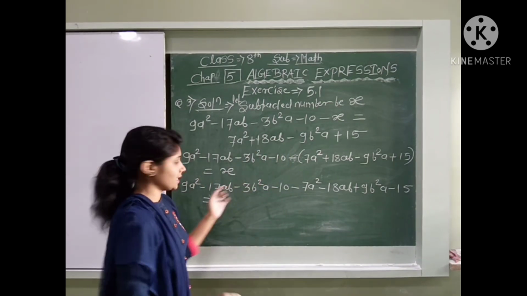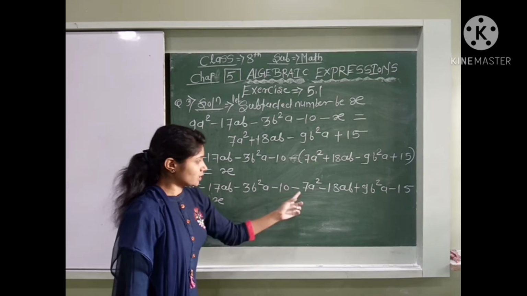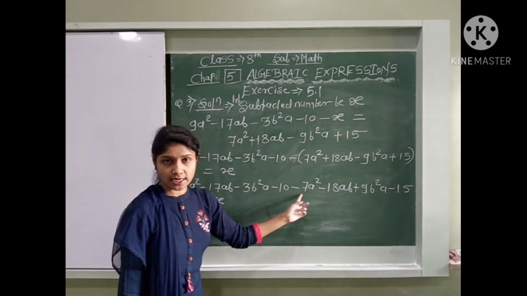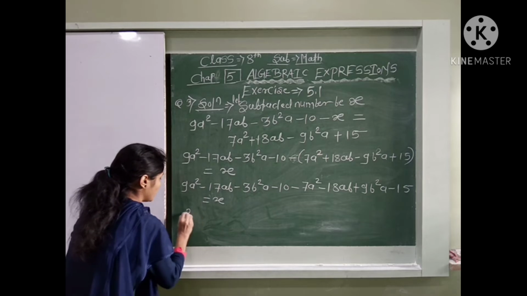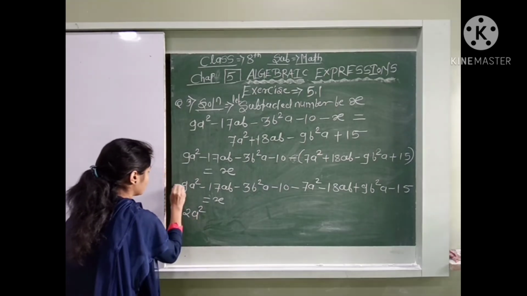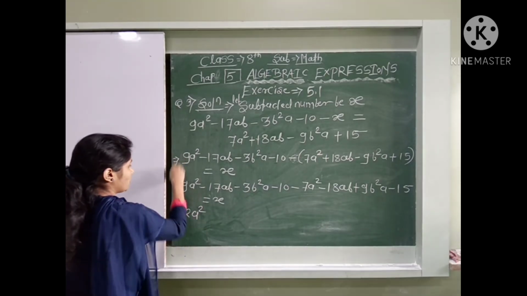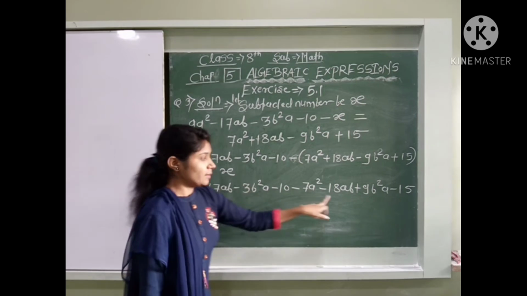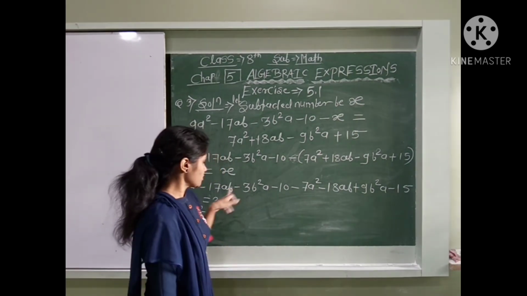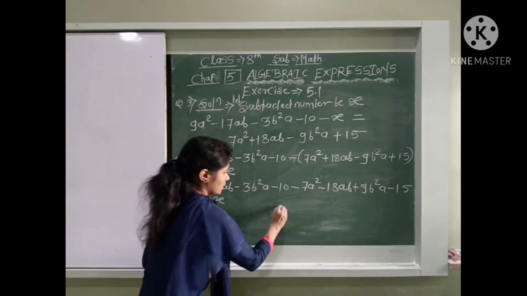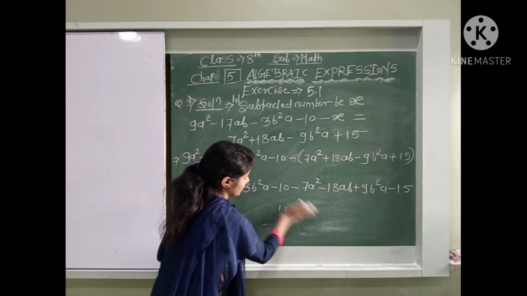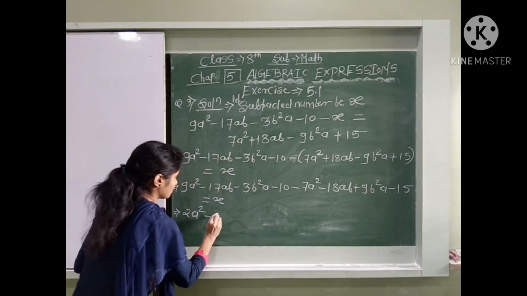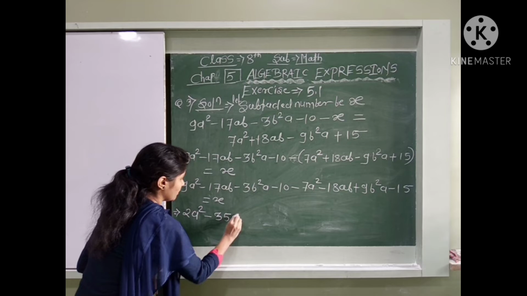Can I solve 9a square directly? 9a square is a like term with minus 7a square. 9 minus 7 is 2a square, so I am writing 2a square here. Next, minus 17ab minus 18ab: 18 plus 17 is 35, and the sign is minus, so minus 35ab.